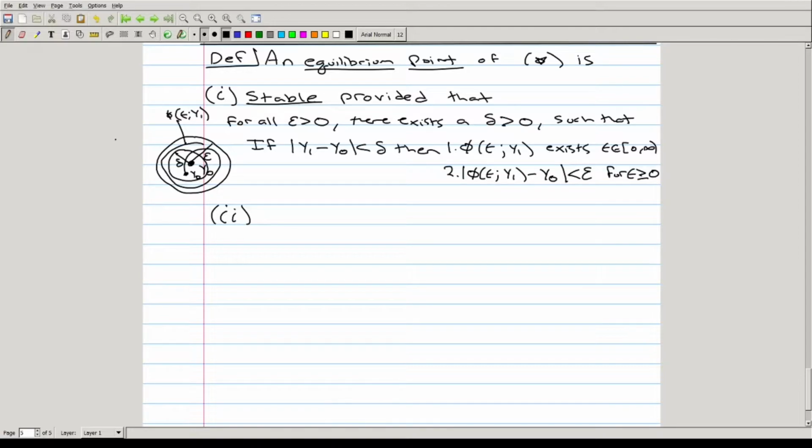So it's important to point out that this is not saying that the limit of the solution has to equal the value y naught. That is actually a different, more strict type of stability called asymptotically stable.